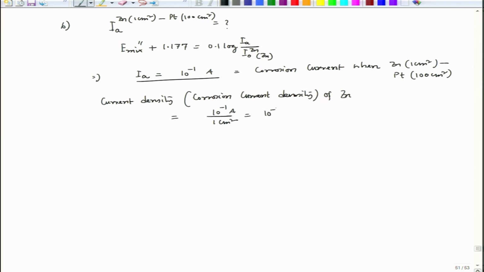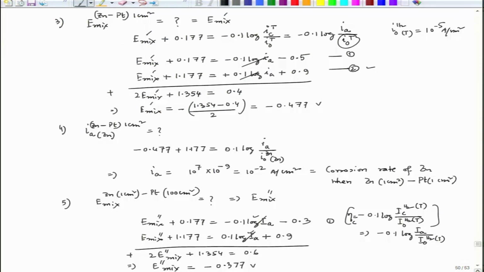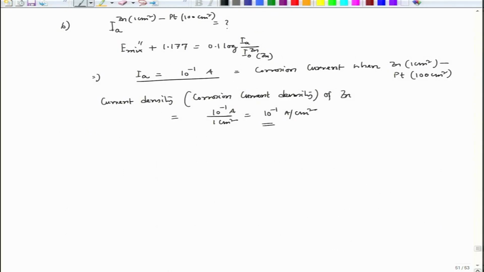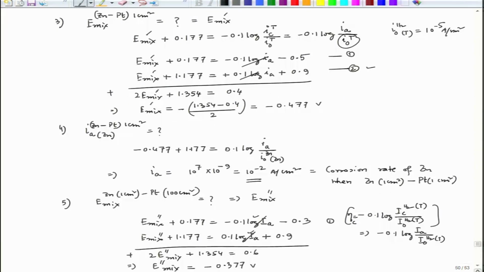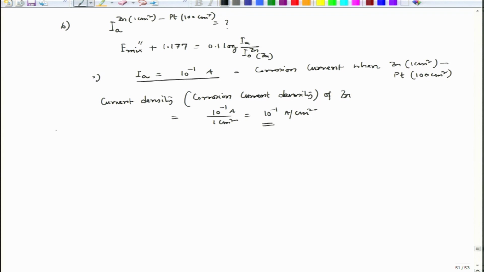So, this becomes 1 ampere per centimeter square. Now, if we try to compare this value and this value, I could see that the corrosion rate has increased 1 order of magnitude. Now, this is case 1 or case 2.